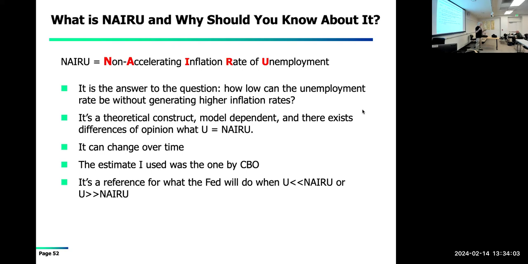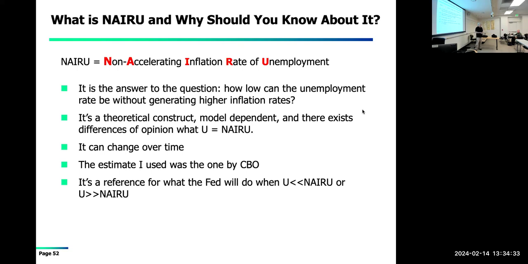The idea is, okay, at very low unemployment rates, if you try to maintain low unemployment rates, the markets are so tight that businesses have an incentive to raise their prices. And if you keep the markets really tight, it'll just keep going. And inflation will accelerate. We witnessed some of that in 2021 and 2022 in terms of how goods and services were priced.